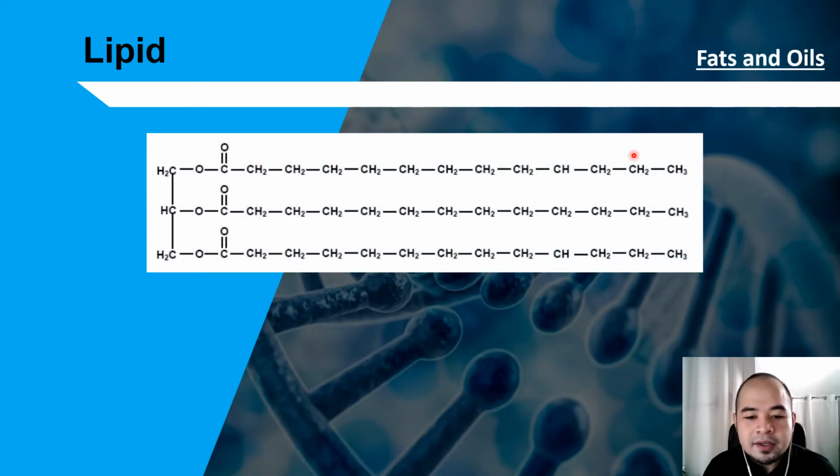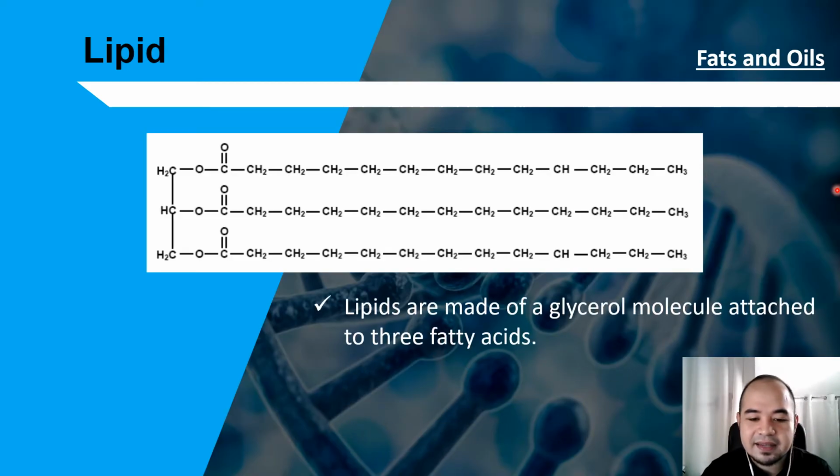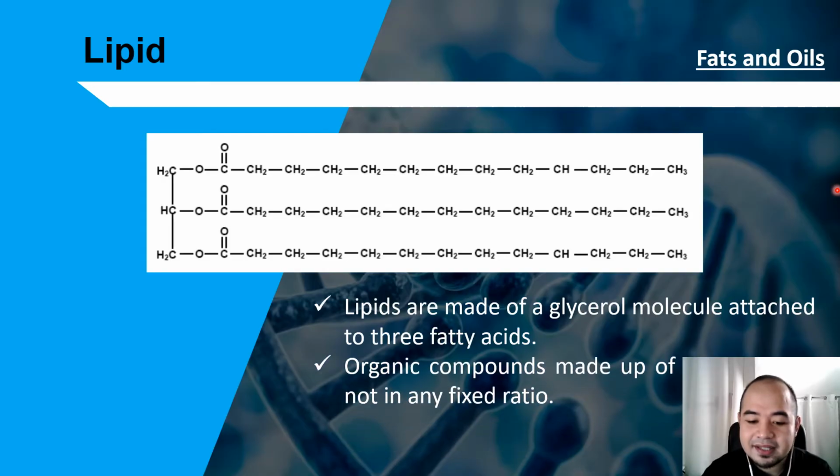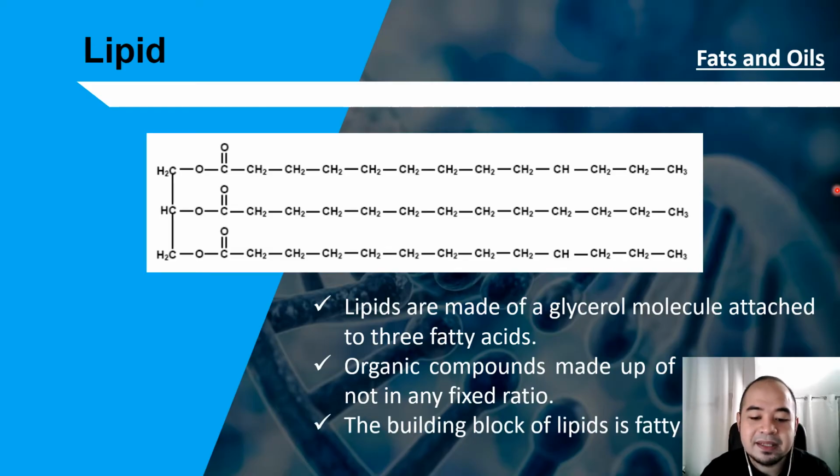Before that, let us first analyze what this molecule is. Fats and oils are made of a glycerol molecule attached to 3 fatty acids. They are organic compounds made up of C, H, and O, like the carbohydrates, but this time in no fixed ratio. The building block of fats and oils, but not of all types of lipid, is the fatty acid.